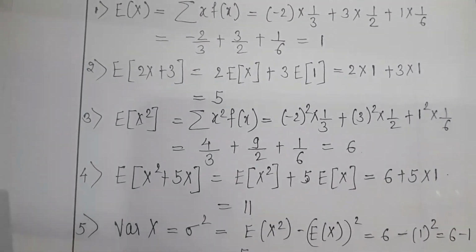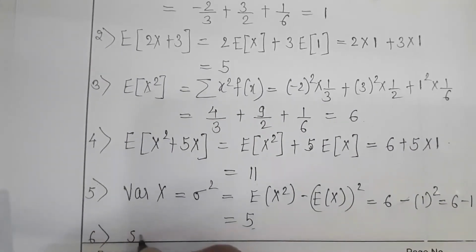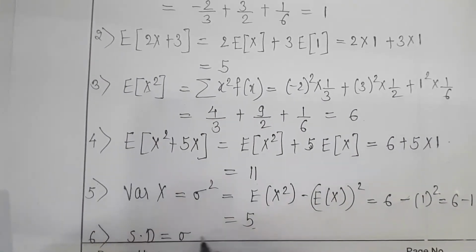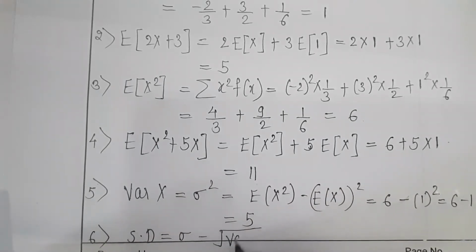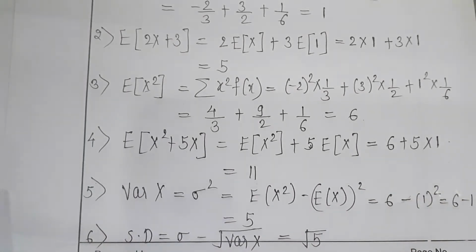Next, sixth is standard deviation. Standard deviation is sigma and it is equal to square root of variance of x. Variance of x we obtained as 5, so it becomes square root of 5.